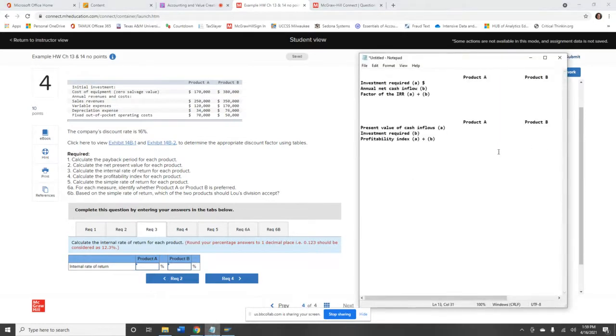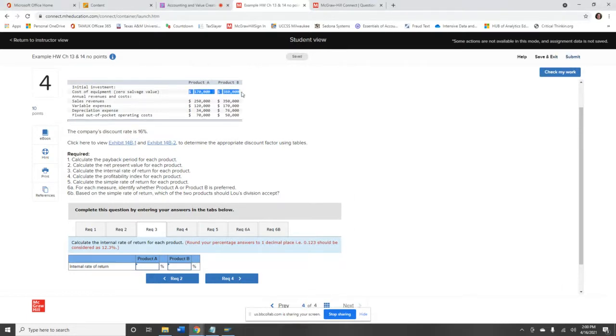All right, so I'm going to get my little notebook up here. The investment required, well, that's just right from here. It's 170,000 for product A, and product B it was 380,000. So I'm just straight up picking up the investment from here. This is the money we have to put in.